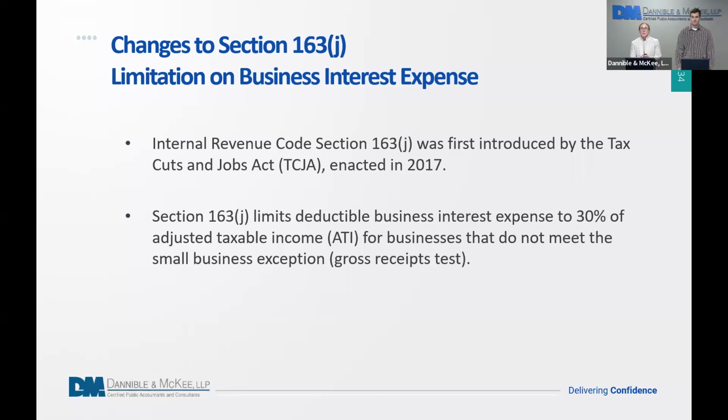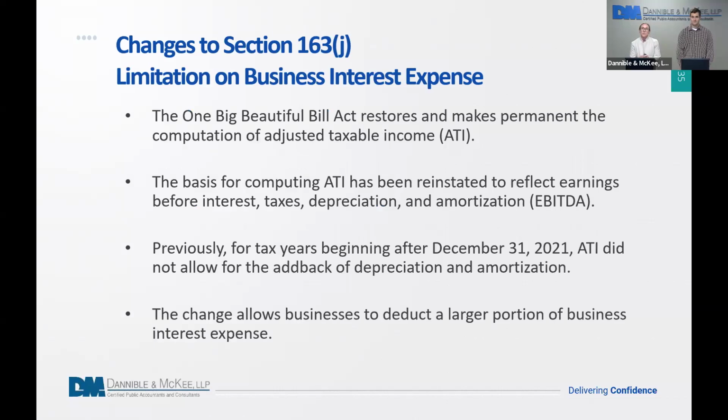So here's another code section that is looking at the gross receipts of a business to determine if they're a small or large business. Again, anyone in that small business exception would not be subject to this requirement, but anyone above it would potentially be limited in their interest expense deduction if it exceeds 30% of their adjusted taxable income.